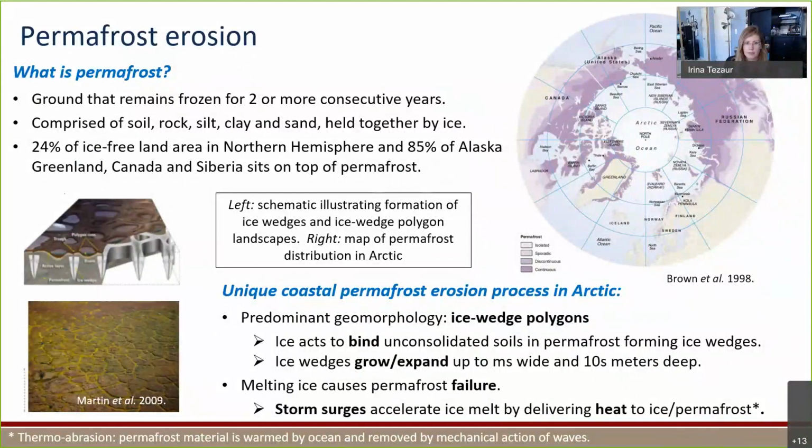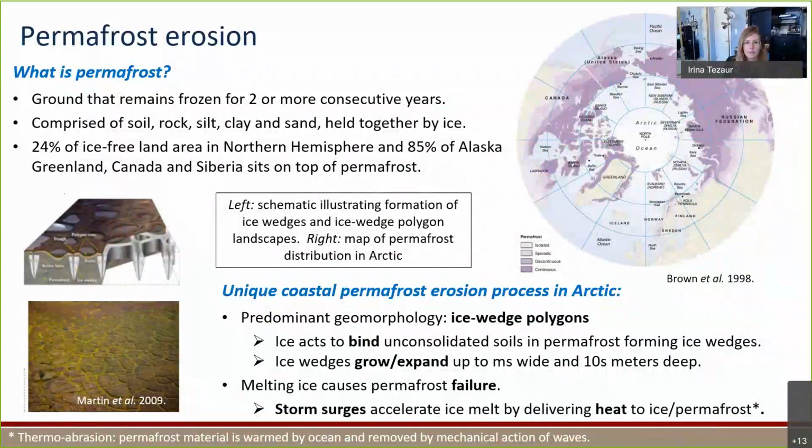If you're looking at the northern hemisphere, about 24% of the northern hemisphere contains permafrost, shown in the purple color in the map here. And if you're focusing on just the northernmost regions, so Alaska, Greenland, Canada, Siberia, 85% of these areas sit on top of permafrost.